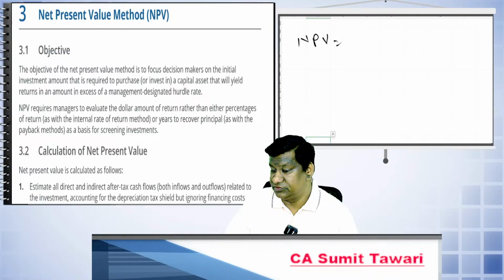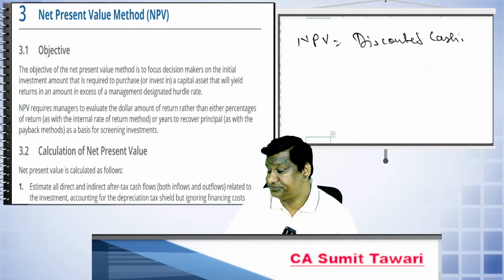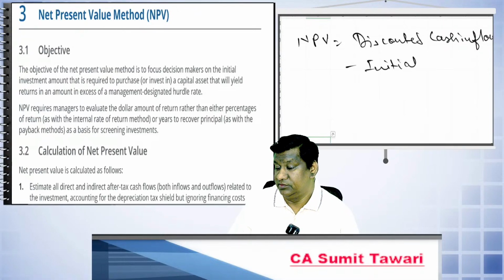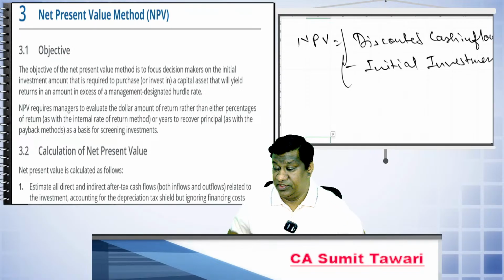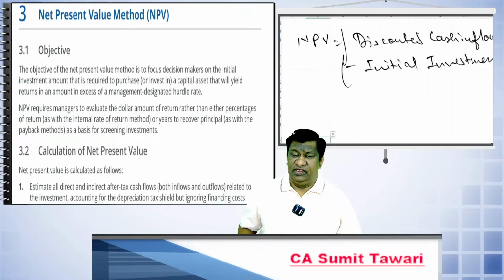NPV equals discounted cash inflow minus initial investment. Okay, so that is basically the net present value. Anyone has any issue?